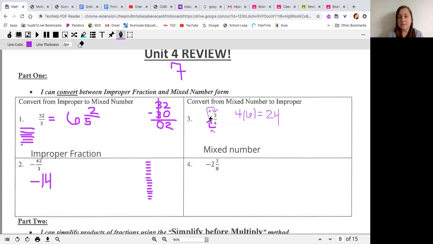And now I take that 24 and I'm adding how many? 3. Okay. Now I'm going to add 3 to that to find out how many. 4 plus 3 is 7. And I bring down my 2 for 27. Okay. My denominator stays the same. So my final answer will be 27 over 4.